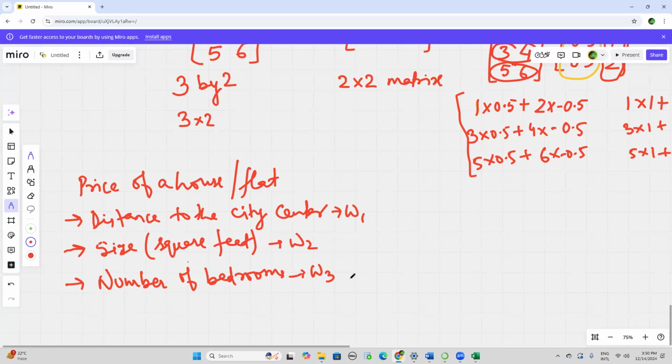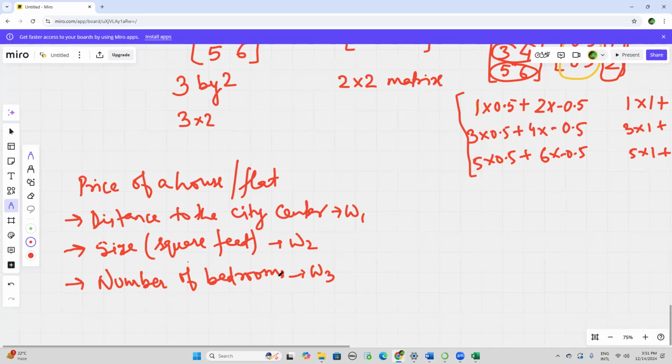If you're going for science stream, they will ask about science and mathematics only. Why? Because they're giving more weightage to science and mathematics. So not only the price of a house or flat, in many other real-time applications, the weightage matters. Got it now? Yes.